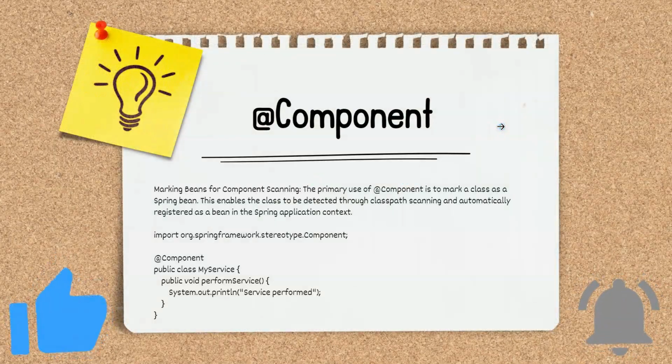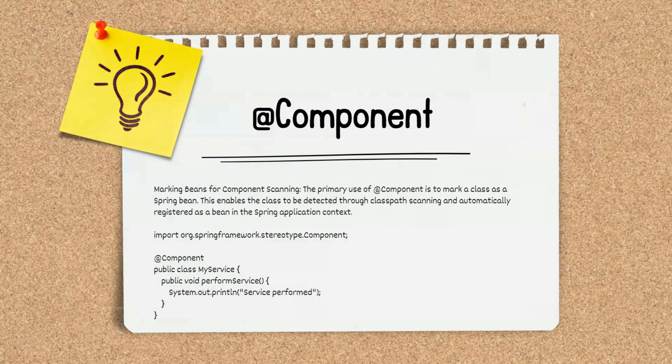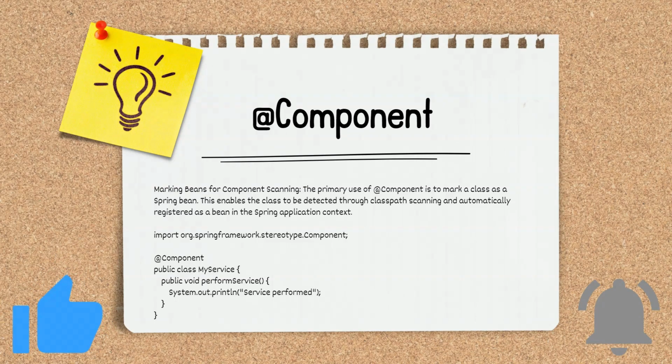And this is another annotation, @Component. This is also a widely used annotation in all Spring Boot projects. So what does it do? This annotation makes the class a Spring Bean. It enables the class to be detected through classpath scanning and automatically registered as a bean in the Spring application context.